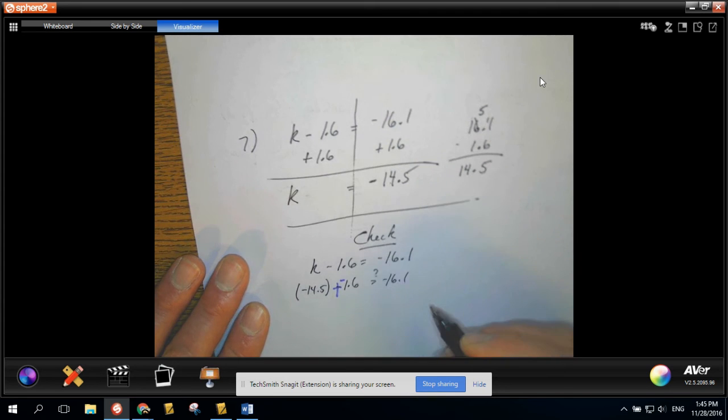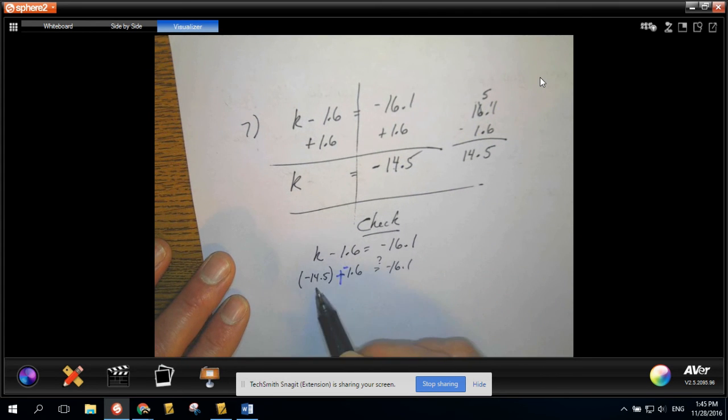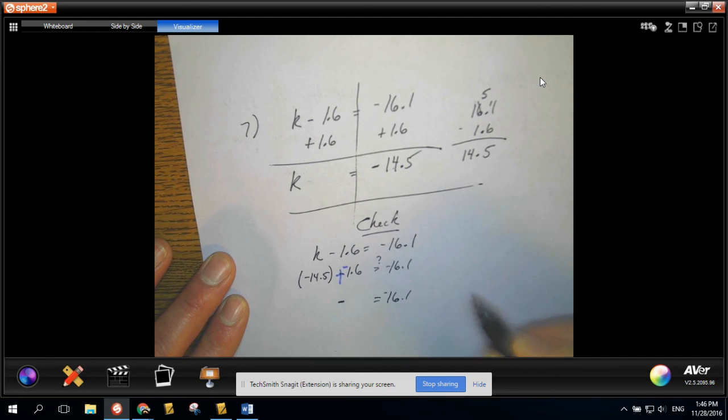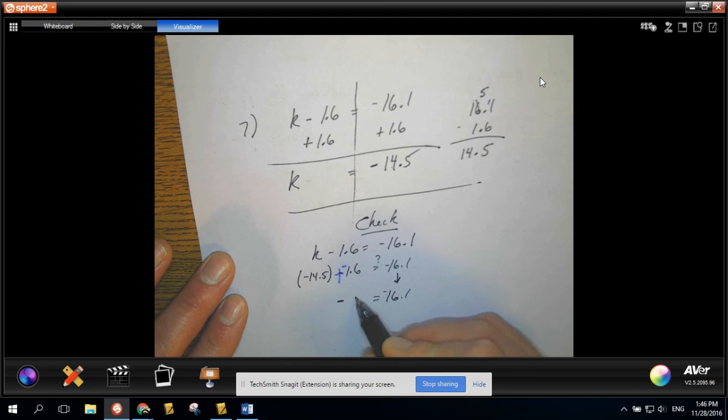When we add two numbers together with the same sign, we get a bigger number with that same sign. So in this case, negative plus a negative is going to give me a larger negative. Bring this down. And 14.5 plus 1.6 does give us 16.1.